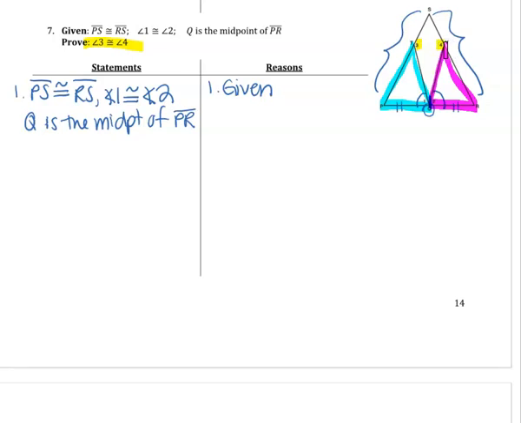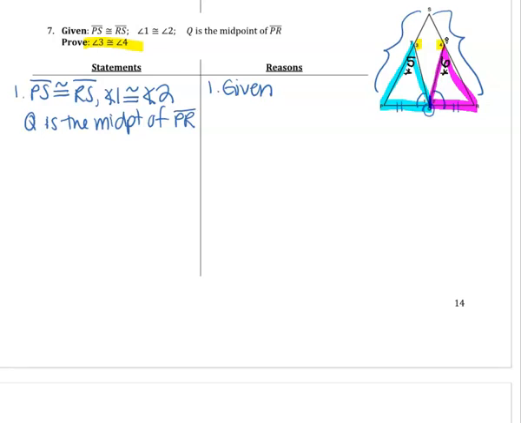Now, how would that help me? Well, if I know those 2 triangles are congruent, then the corresponding angles would be congruent. So that would be these guys right up here. And the reason I chose those is because if I can get that these 2 angles are congruent, then that means their supplements due to linear pairs would have to also be congruent, and then that would be the proof.